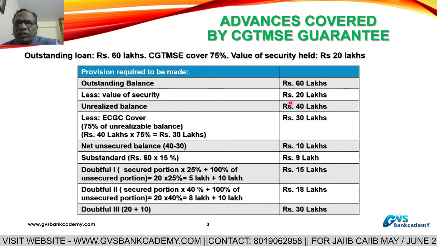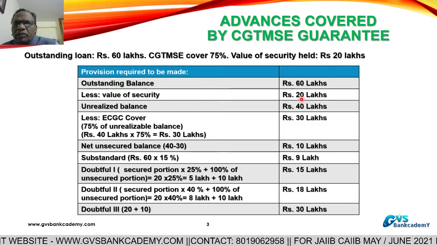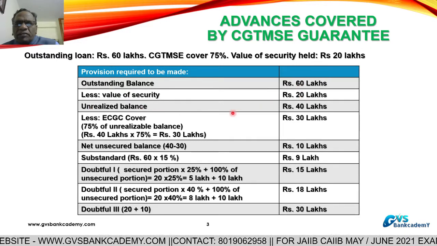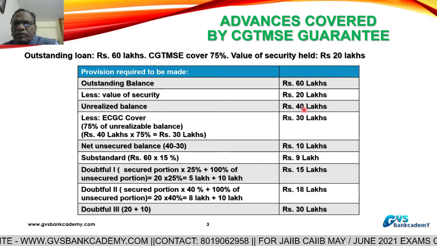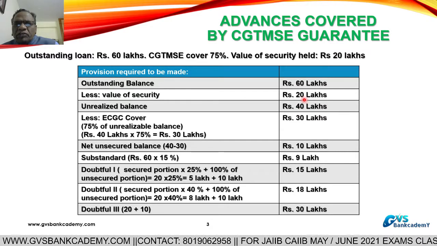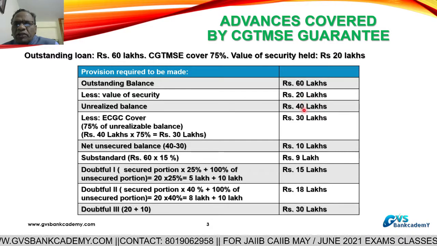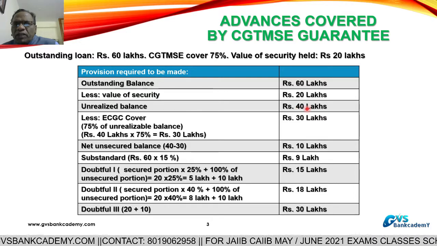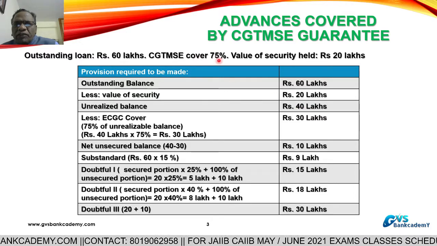Less value of security 20 lakhs. 60 minus 20, the unrealized balance is 40 lakhs after deduction of security. Out of this 40 lakhs, you will get a claim of 75%.